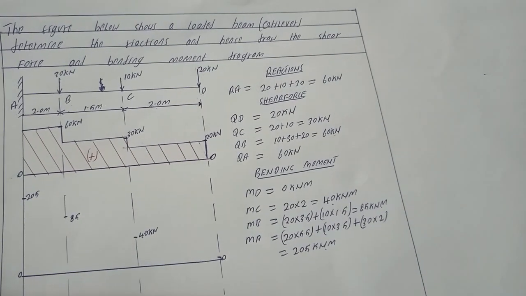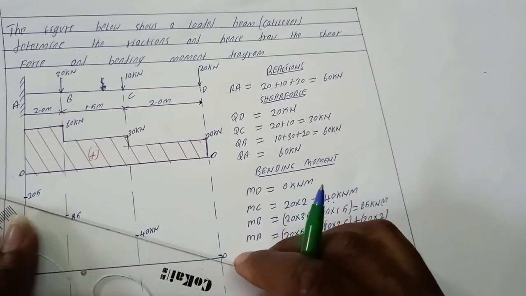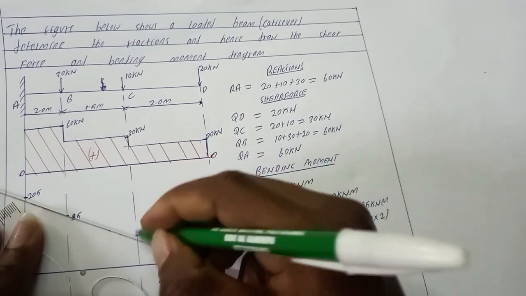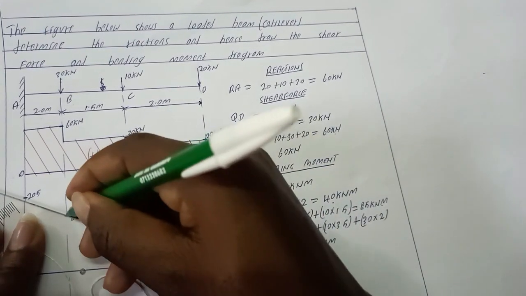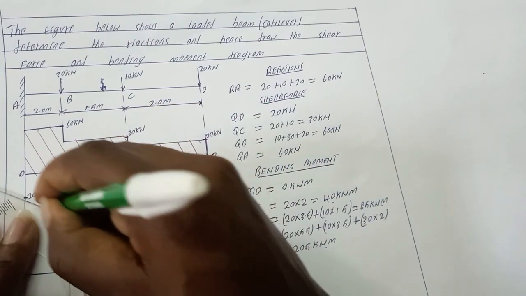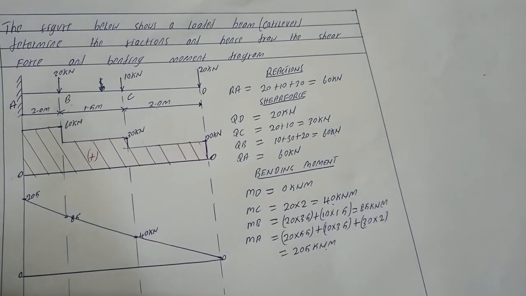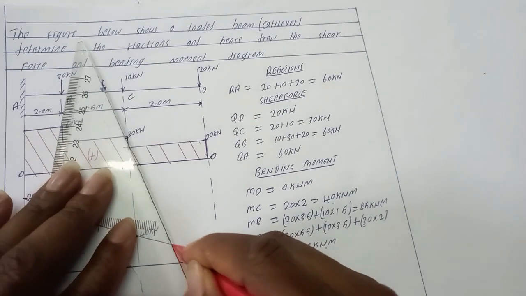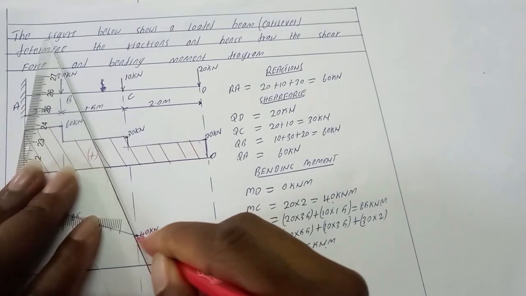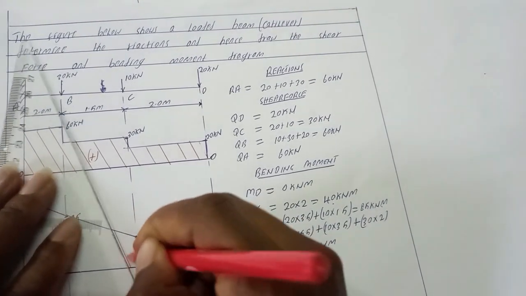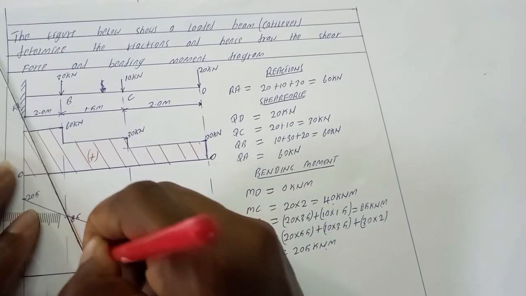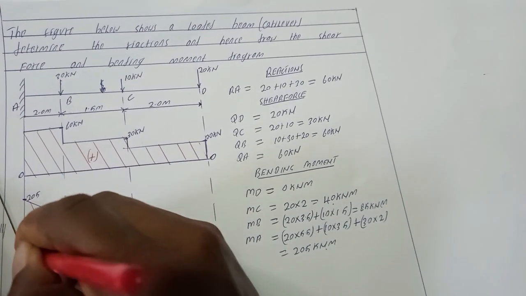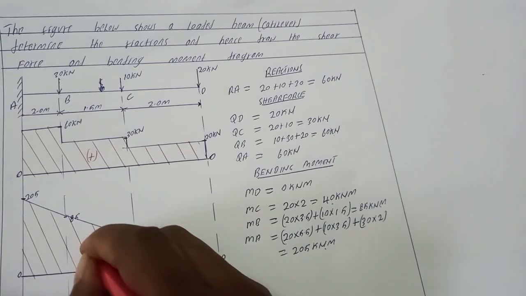So we can join this using a ruler. And my moment here is negative.